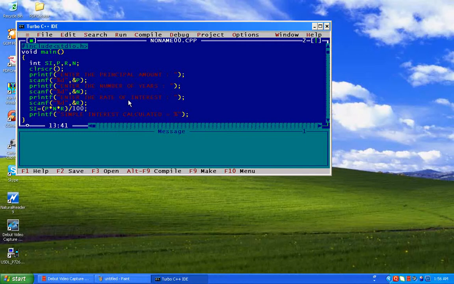We will not use long for all, but only for two variables which qualify for that, SI and P. Principal may be a bigger amount, whereas rate of interest and number of years may be small.